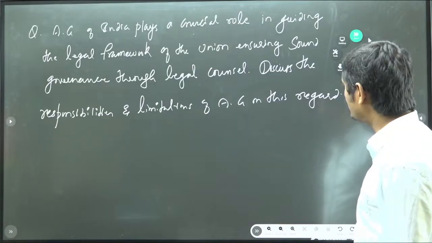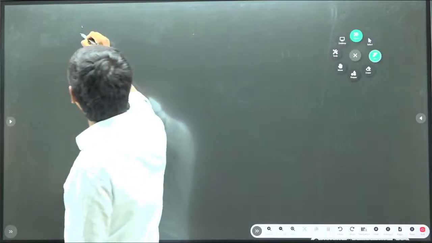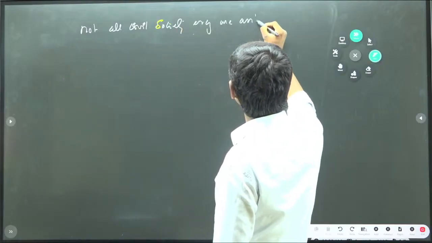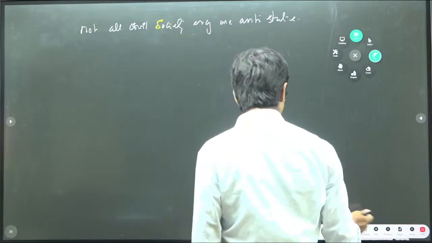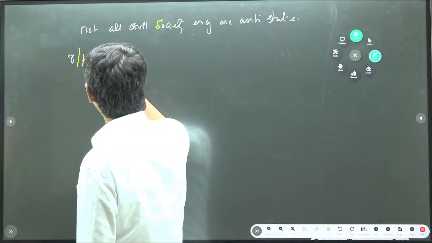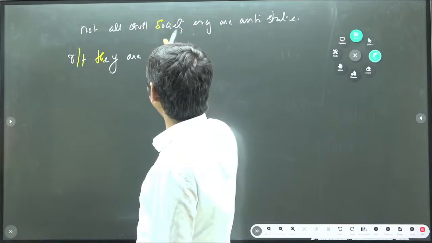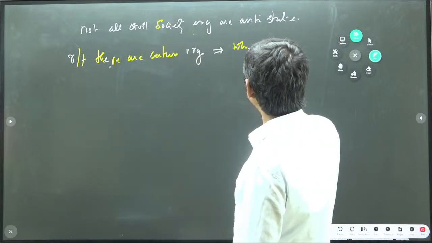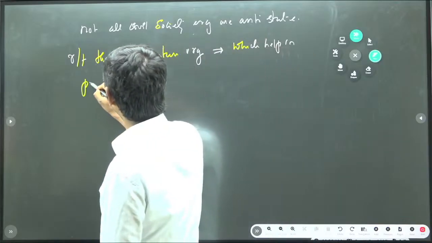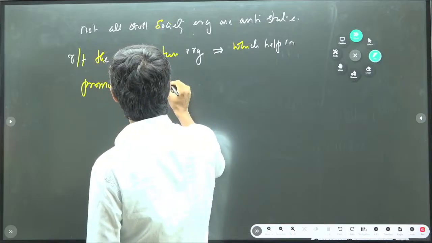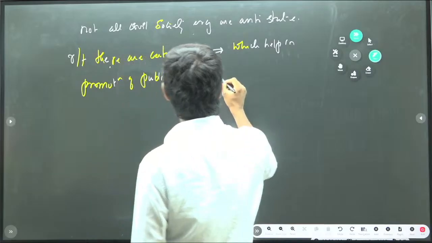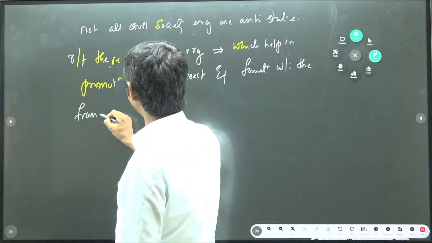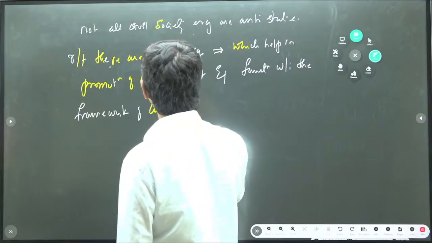after writing these examples, you would further specify that not all civil society organizations are anti-state. Rather, there are certain organizations which help in promotion of public interest and function within the framework of the constitution.